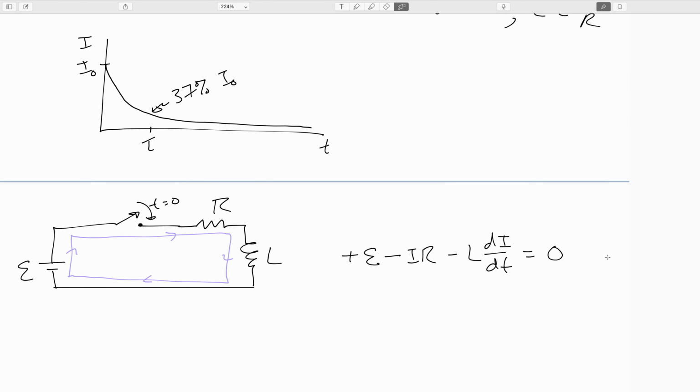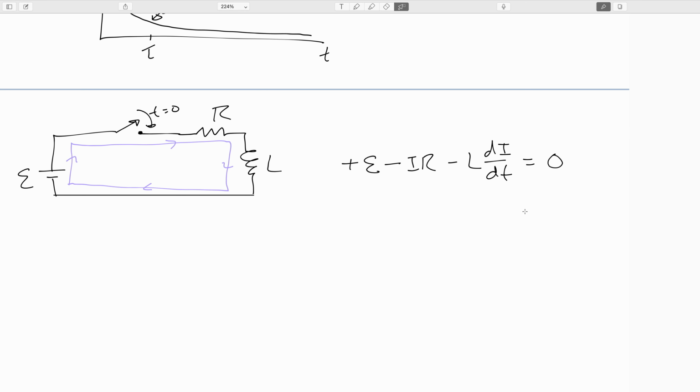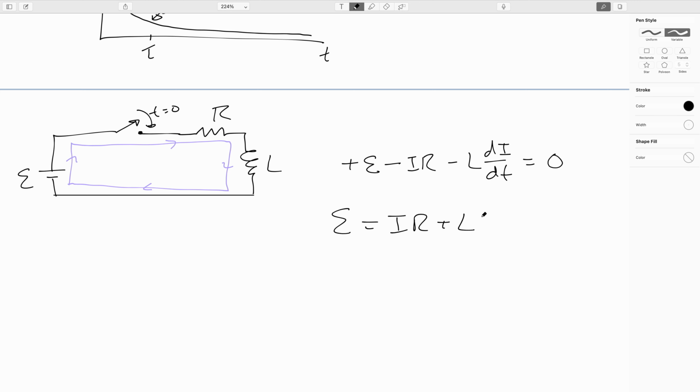This time I'm going to rearrange it to put the EMF to the left and the other terms to the right. So this will give me the EMF is equal to IR plus L dI/dt.